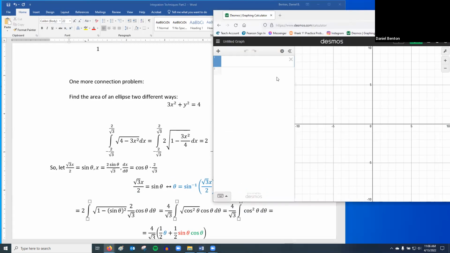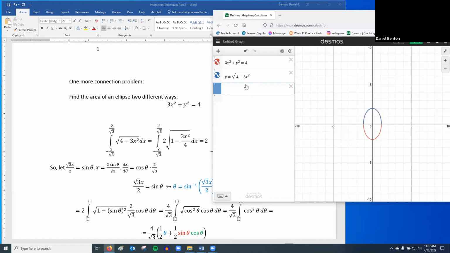All right. So we have 3x squared plus something. Well, if we solve for y, we get y equals square root of 4 minus 3x squared. This minor axis on the x-axis goes from negative to positive.